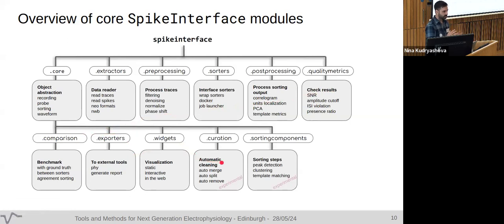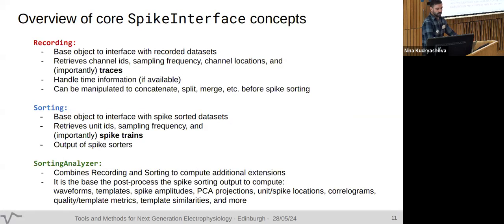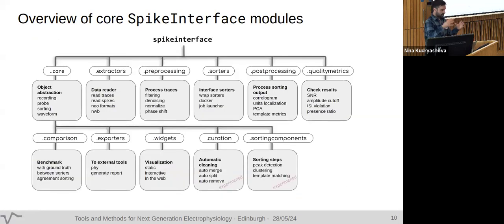And then we have a couple of work in progress modules that are meant for automatic curation and cleaning of the spike sorting results. And sorting components is what Pierre presented yesterday: breaking down all the available spike sorters into individual components, to be able to mix and match and compose your own spike sorting pipeline. So you've seen these, it's big, but again, by the end of the day, hopefully you're going to have it all figured out and we're here to help.